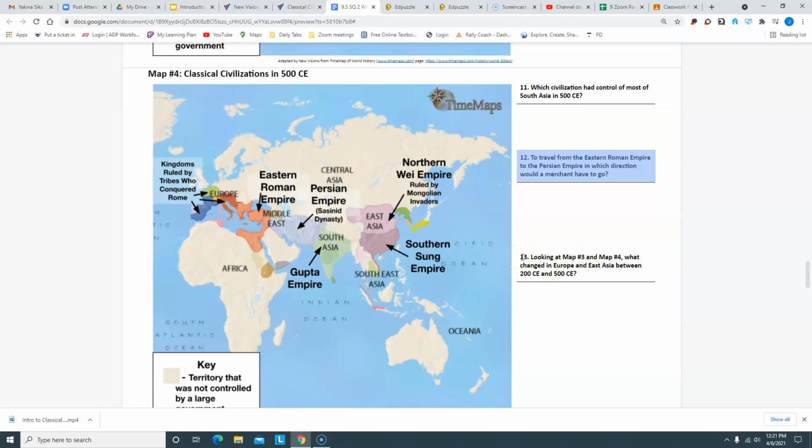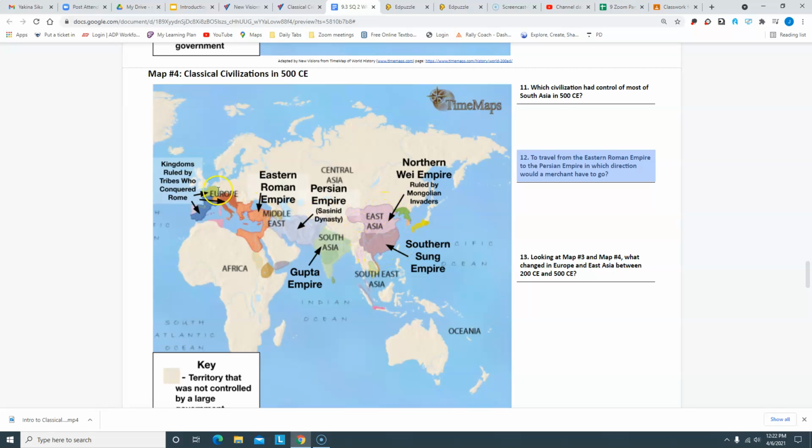And finally, question 13, looking at map number 3, which I'll scroll up, and map number 4, what changed in Europe and East Asia between 200 and 500 CE? So we want to pay attention to Europe, right here, and East Asia, right here.